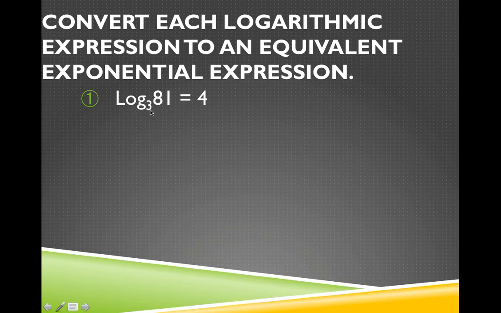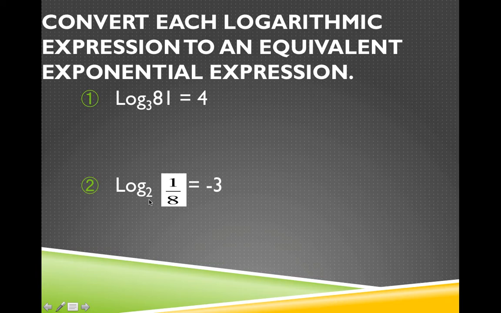We're going to take the base 3. We're going to jump across the equal sign and pick up the exponent, because remember, a logarithm is an exponent. So 3 to the 4th power is equal to 81. And when we write that down, that will be our equivalent exponential form. 3 to the 4th power is equal to 81.